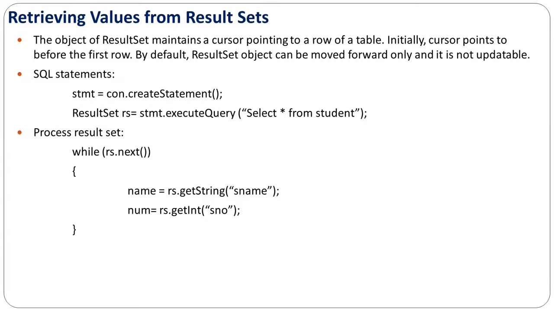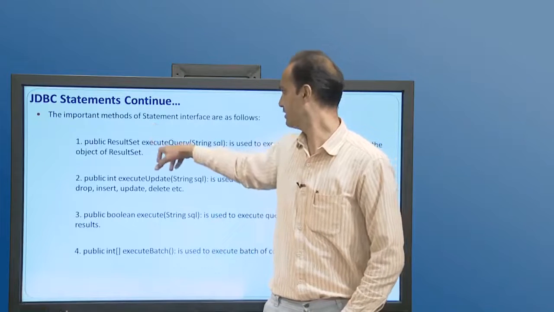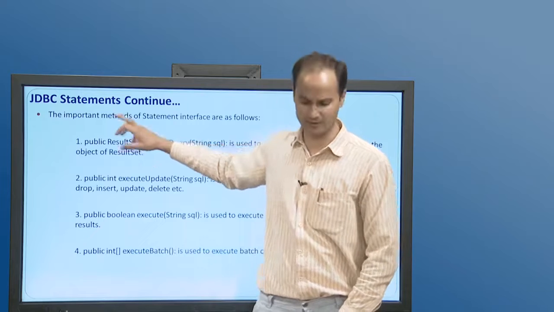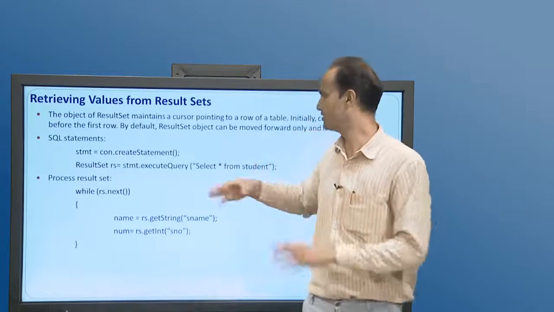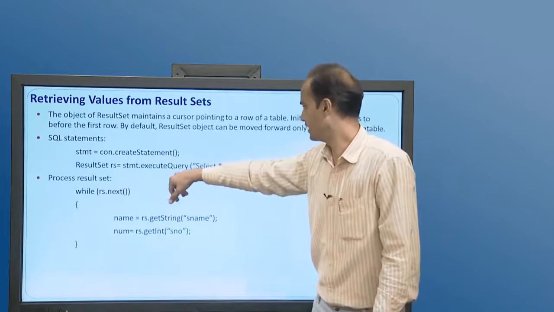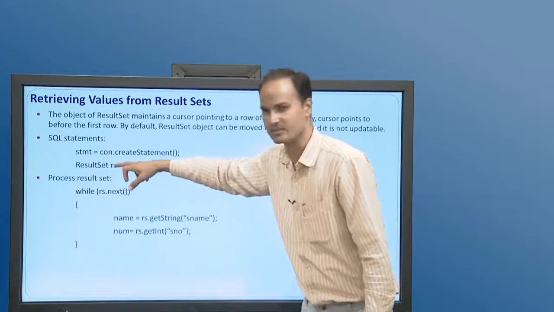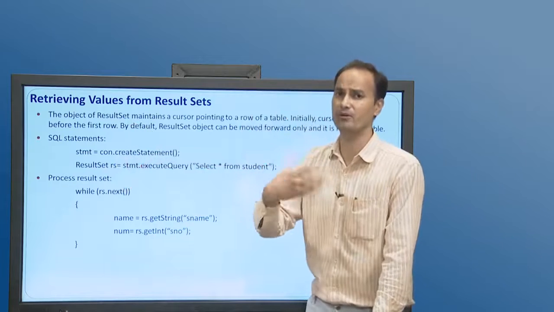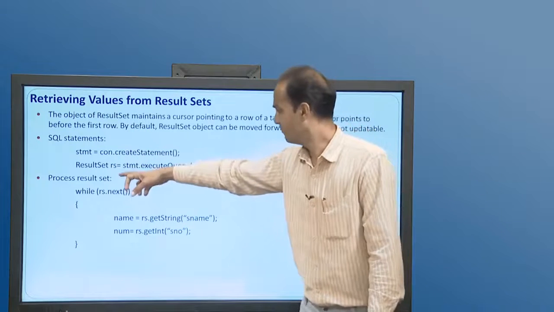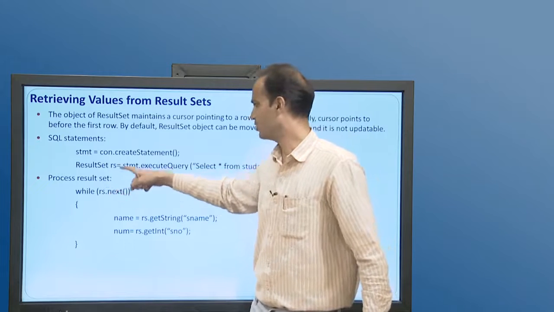Now once we have used the methods of statement, we will retrieve results. In the previous slides we have seen that execute query returns a result set. Once we have a result set, we want to manipulate it. So how do we manipulate it? See here, execute query select star from student returns a result set in RS. That means RS contains a number of records. How do we process it? We just traverse it using a while loop, while RS dot next.